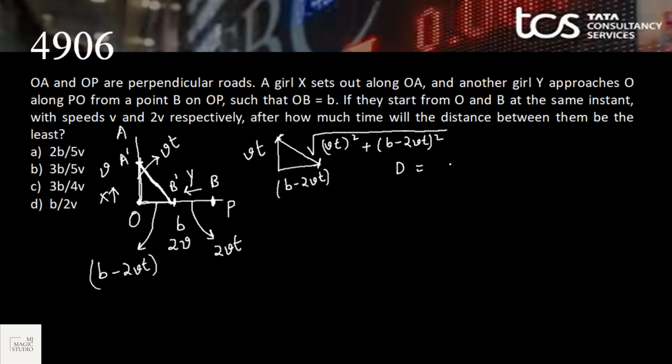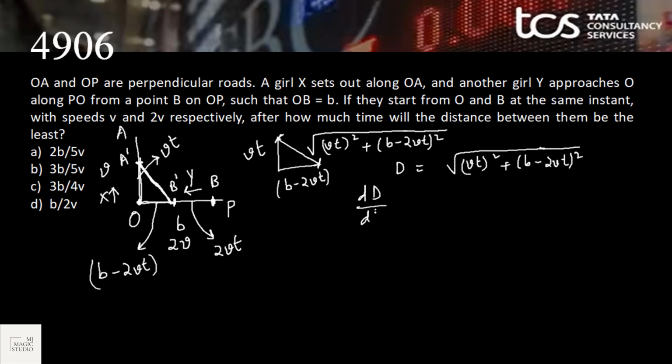So d is root x. If we find the first order derivative and put it equal to 0, we'll get the value of t, and at that t equals to whatever value we get, the distance would be minimized.